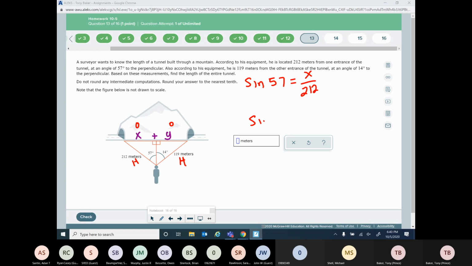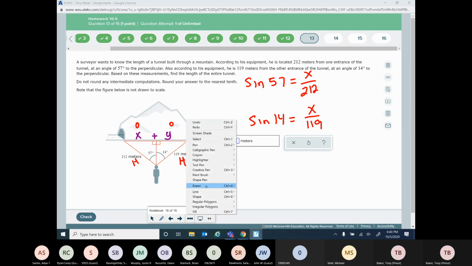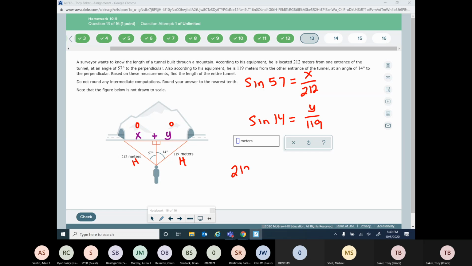And the second one is sine of 14 equals y over 119. So my x is going to be 212 times sine of 57. And my y will be 119 times sine of 14.